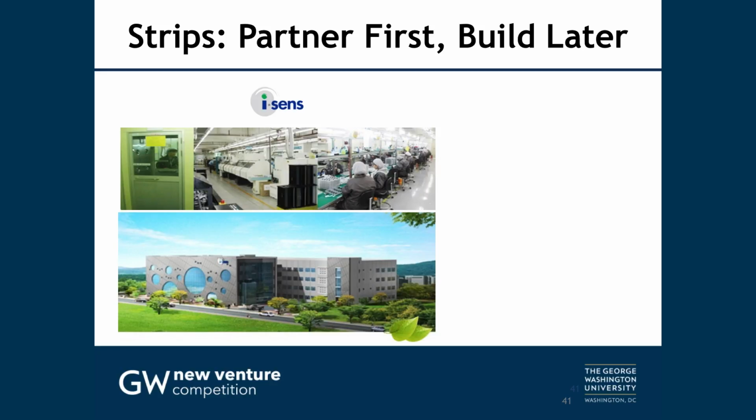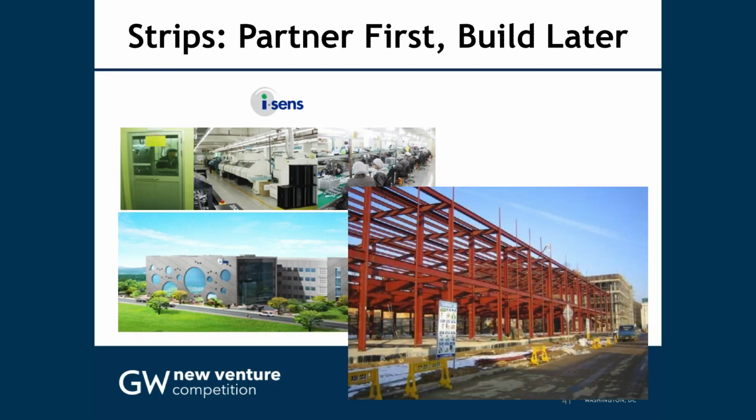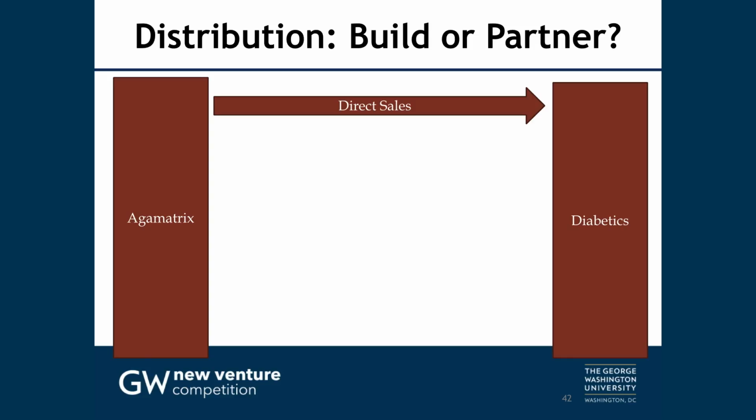So we partnered with them first, and they continue to be a partner, but we're also now building our own facility in China. You see from the slide, that's the skeleton of the new facility being built. Remember I talked earlier about how you may need to partner first, but you may want to build your key technology, activity and key resources later. That's what we did here. So you need to think about how you make that transition as well. Fortunately, we've had a very good relationship with iSense, so that continues today.